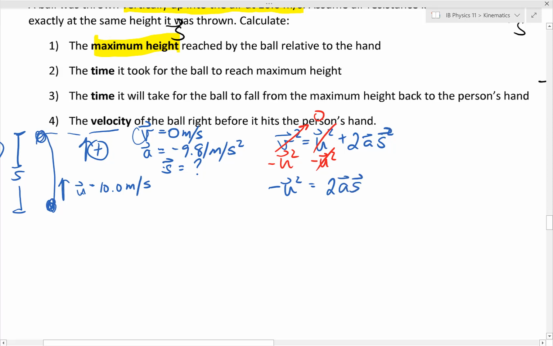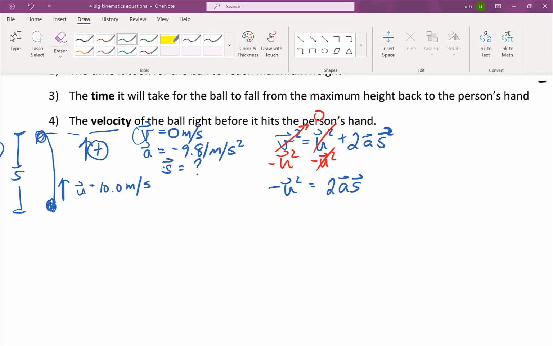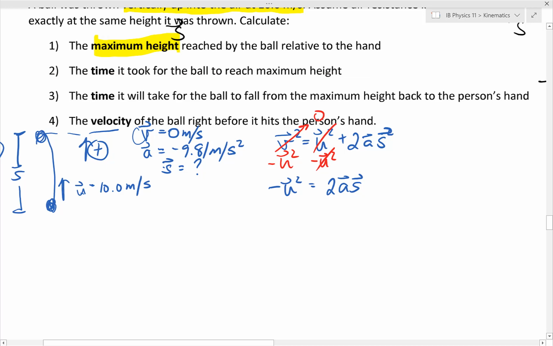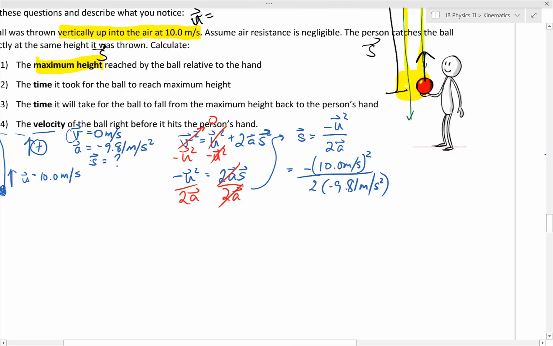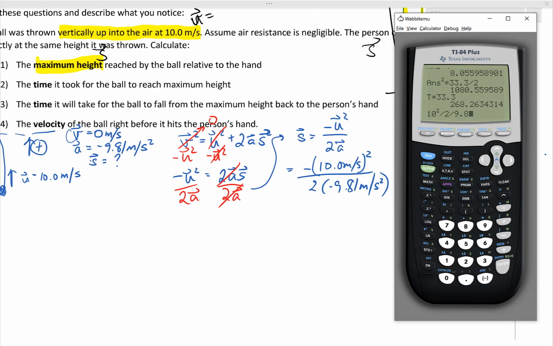And then we end up with two S's. Then we need to divide both the 2 and the A to the other side to isolate for the S. And if we substitute in our values, this is 10 meters per second, all of that squared over 2 times negative 9.81 meters per second squared. That's our acceleration. And so let's put this in a calculator.